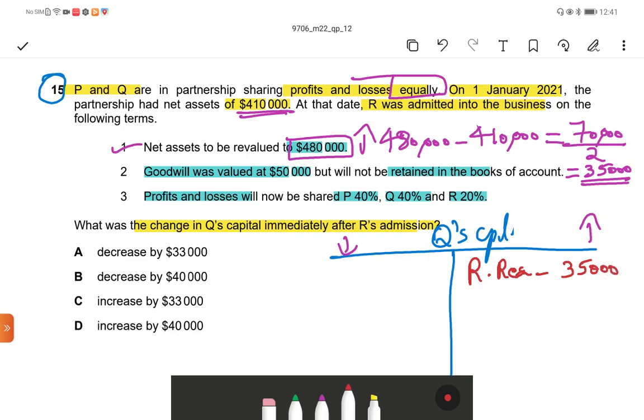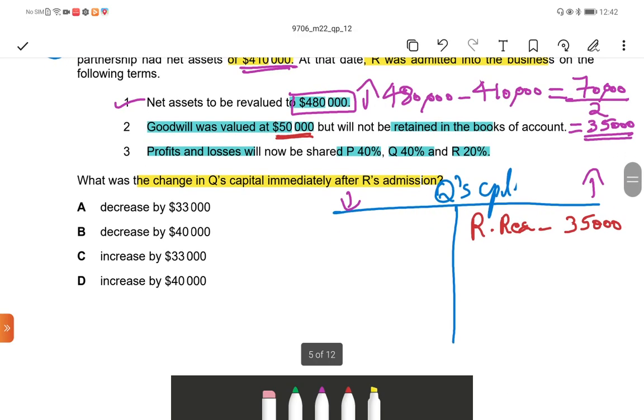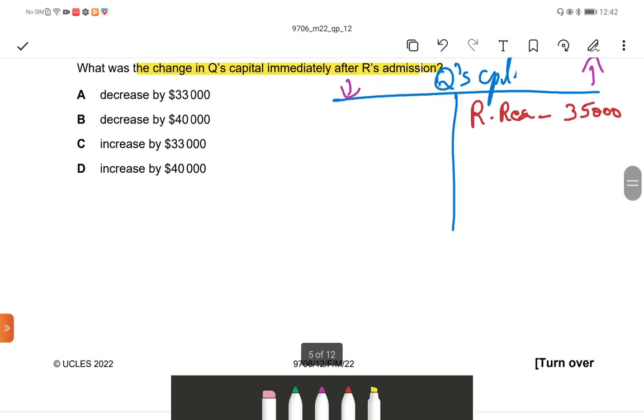35,000. Next, goodwill was valued 50,000 but not retained in the books. So when a new partner is admitted, if the existing partners are sacrificing any portion of the goodwill, they have to get that goodwill from the new partner. So let's check the goodwill in the old and new ratio.